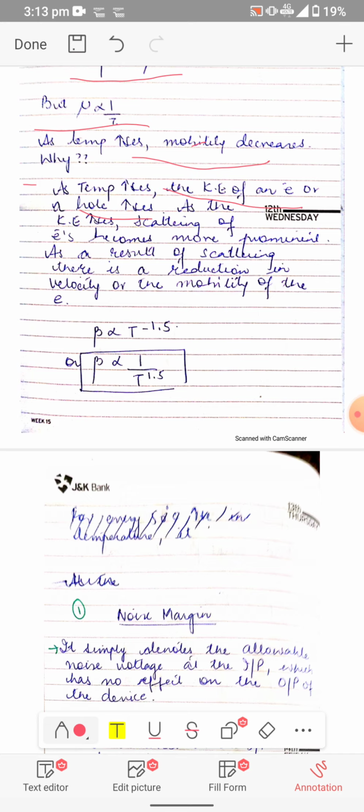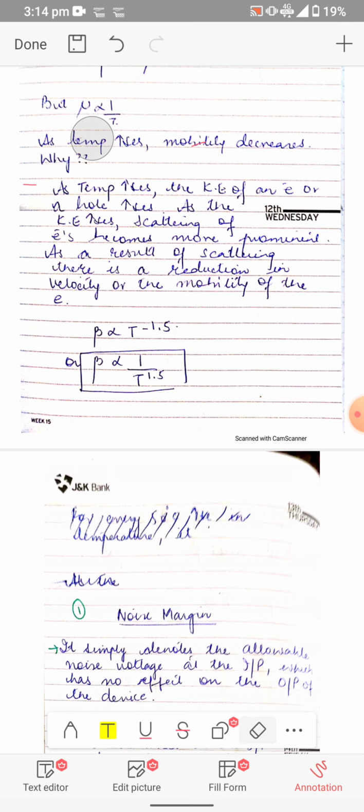Now, because they have a good amount of energy, there is a greater chance of scattering or collisions. In other words, more and more collisions will start taking place. And as these electrons and holes collide with one another, they end up losing the energy they had gained earlier, and as a result, their velocity or the mobility will decrease. Fine.